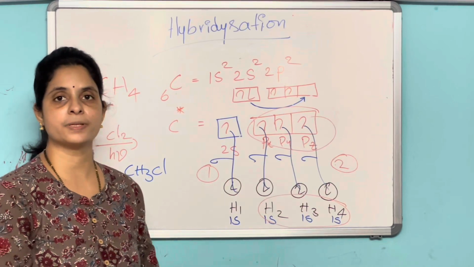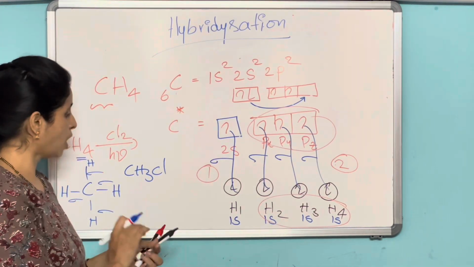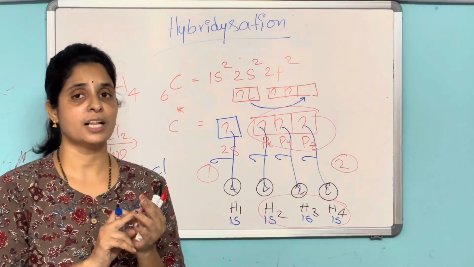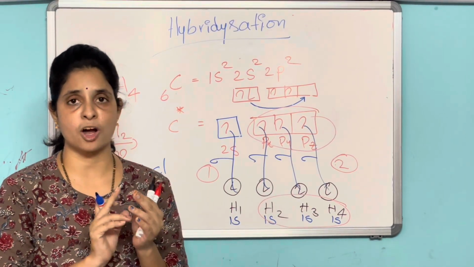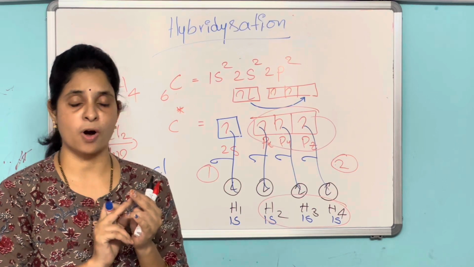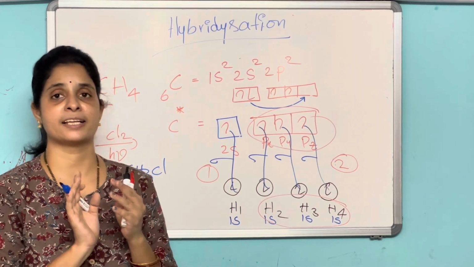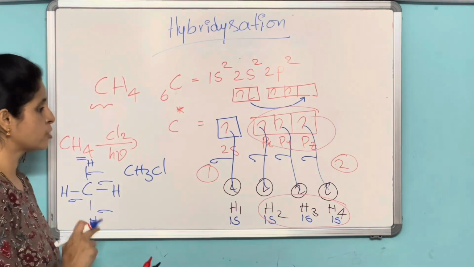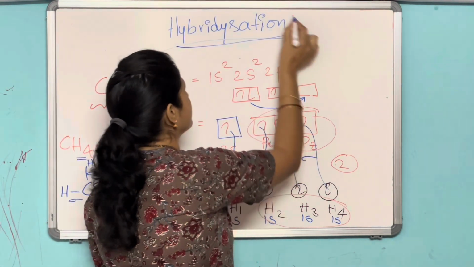How is it possible? Another evidence is that all the CH bond lengths present in methane are identical. So this leads to the concept of hybridization.